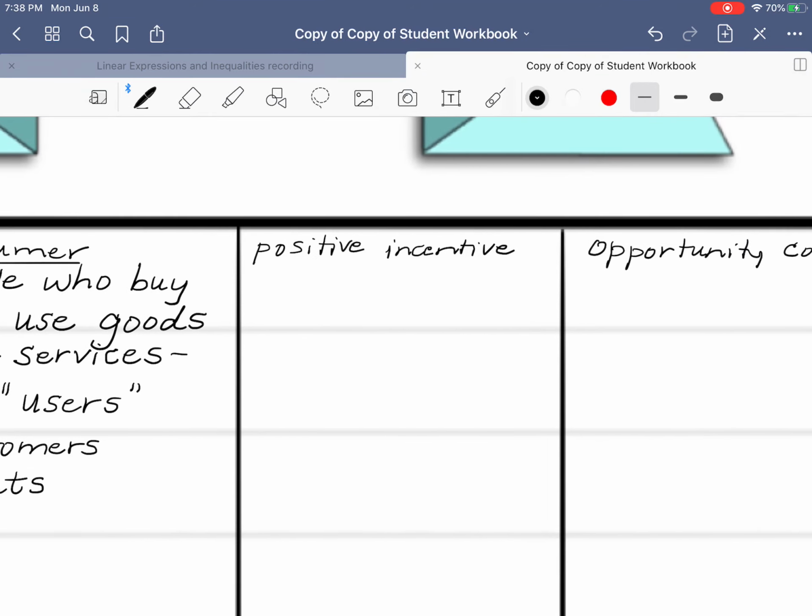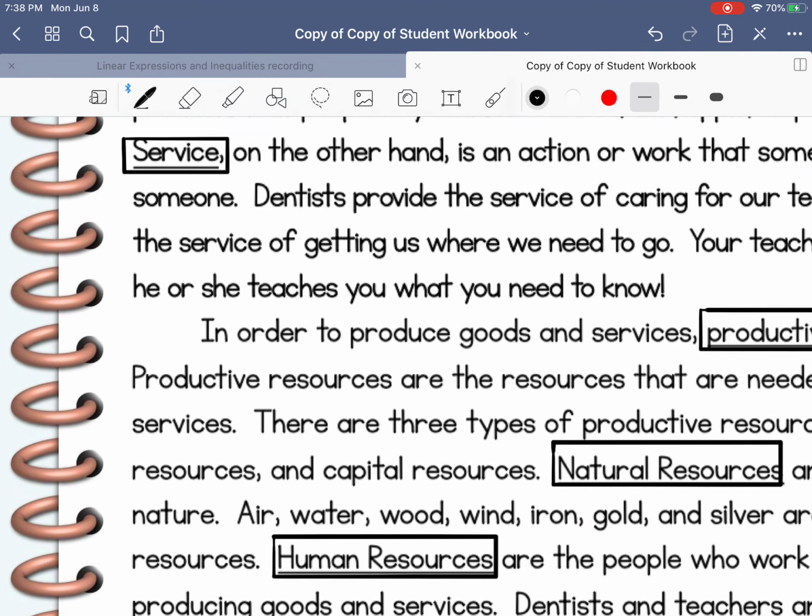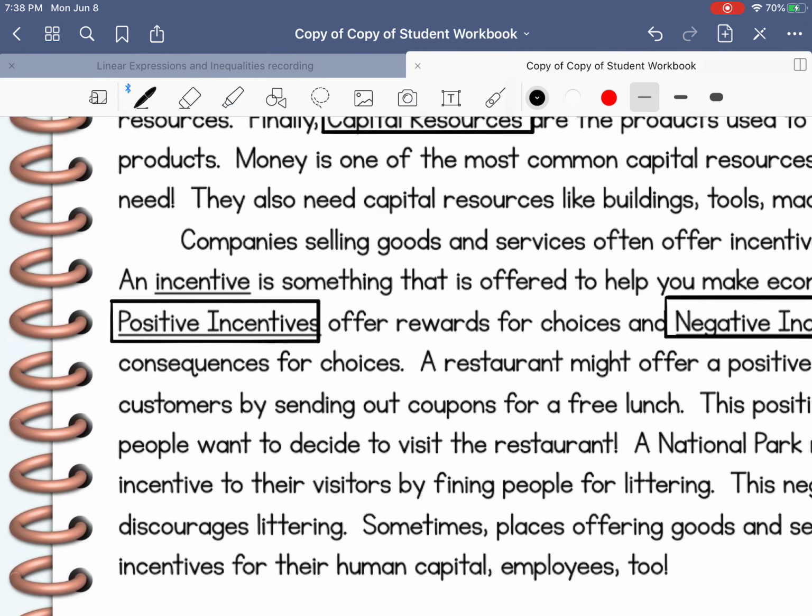The next term is positive incentive. So let's look for positive. There it is. Positive incentives offer rewards for choices.